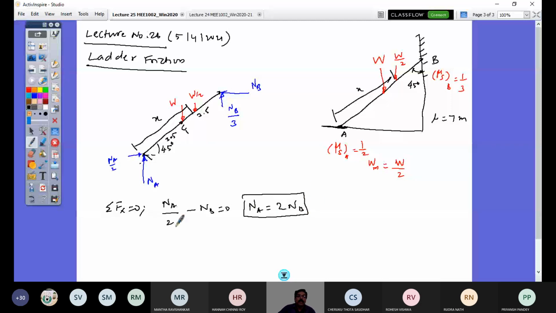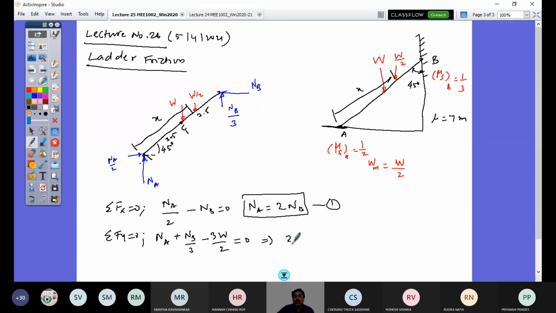Next, sigma Fy equals 0. So when I apply sigma Fy equals 0, vertical force here NA and here NB by 3, and there are two forces here, W plus W by 2. So that is 3W by 2 down. So minus 3W by 2, that's equal to 0. So I would have now NB and W relationship. So if I substitute NA here, so this is equation 1, put in equation 2, and then if I reduce this, what would happen?